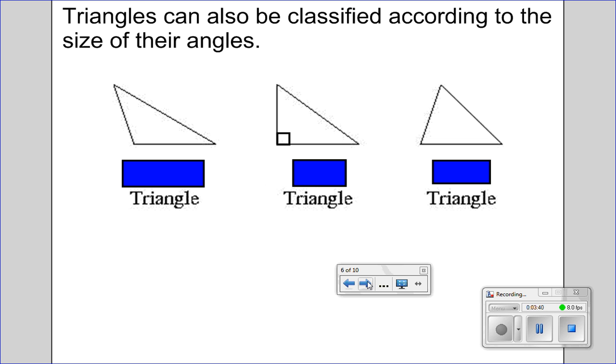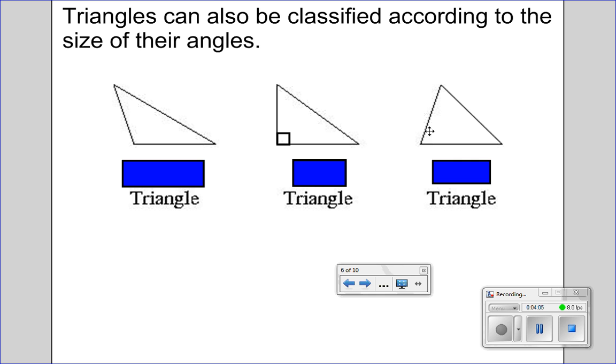Triangles can also be classified according to the size of their angles. So what you're going to do is look at each triangle. You may notice that this first triangle has one angle that is more than 90 degrees. This triangle has one right angle, or 90-degree angle.